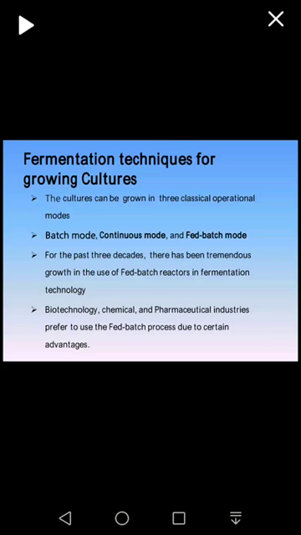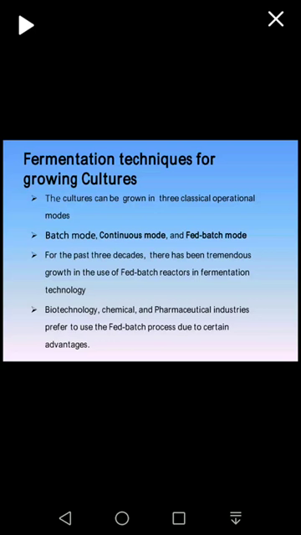For the past 3 decades, there has been tremendous growth in the use of fed batch reactors in fermentation technology. So you can see that in recent years, the third technique of fermentation, which is called fed batch mode or fed batch technique, is being used in the process of fermentation for the production of valuable products.